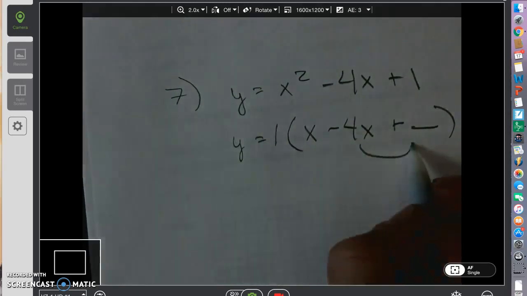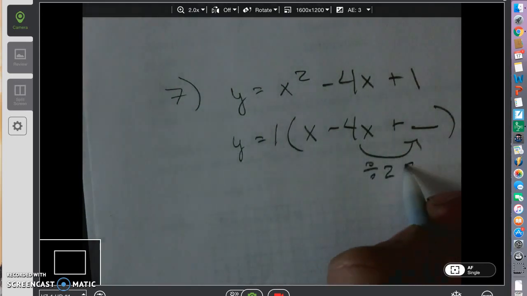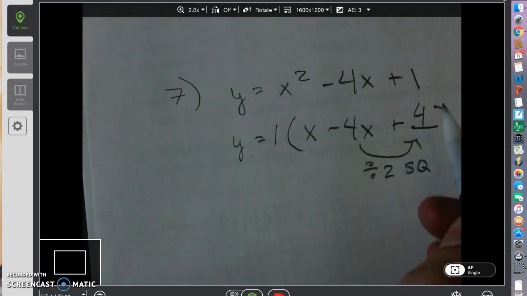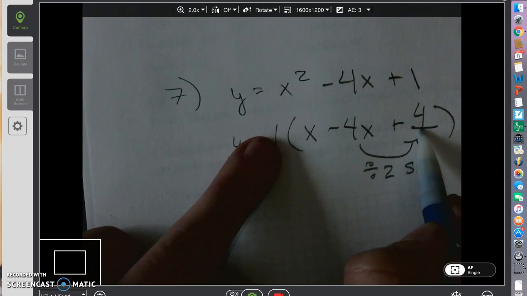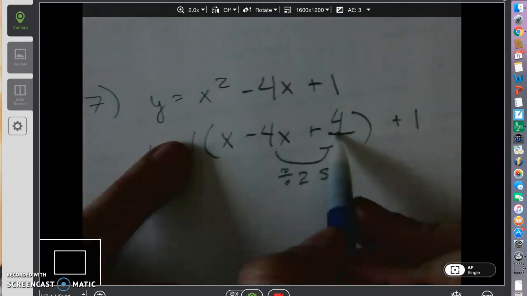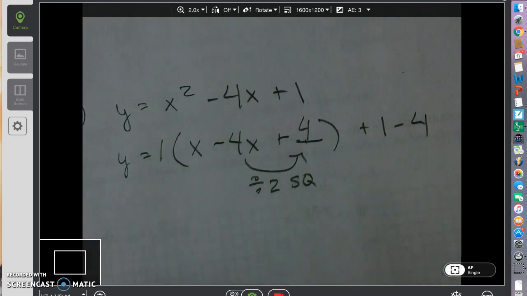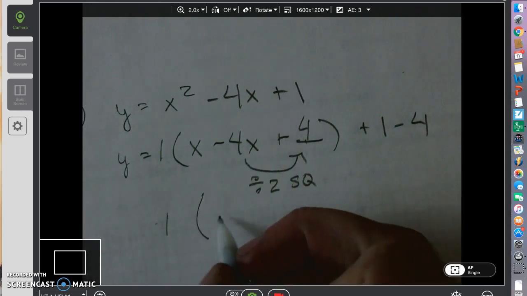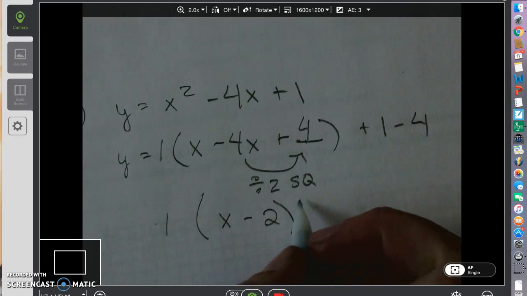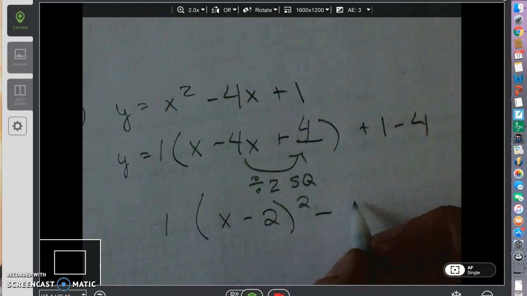Then we get 4 divided by 2, we square it, and we get 4. 4 times 1 is positive 4, so the opposite of positive 4 is negative 4, so I subtract 4 right here. Then I go 1 times x minus 2 squared minus 3.